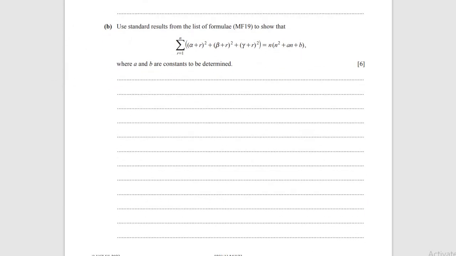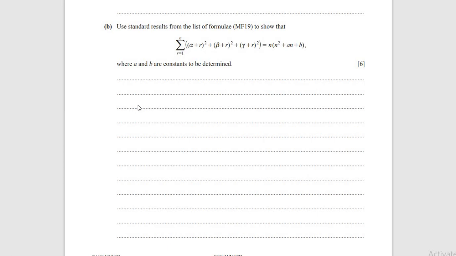Question B. Question B says use a standard result from the list of formula MF19 to show that summation of alpha plus r squared plus beta plus r squared plus gamma plus r squared equals n into bracket n squared plus an plus.